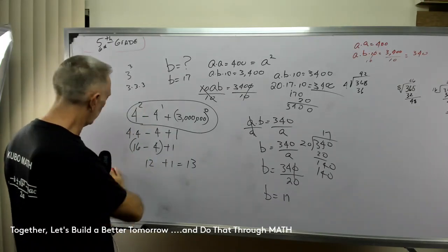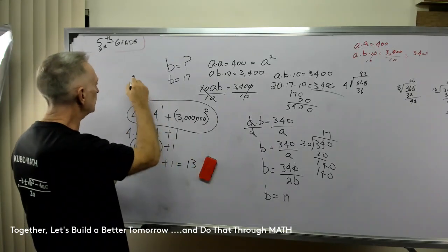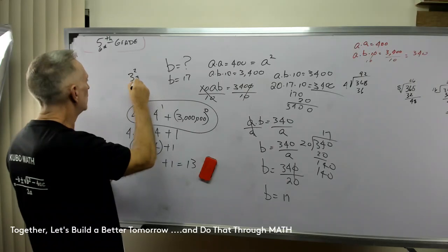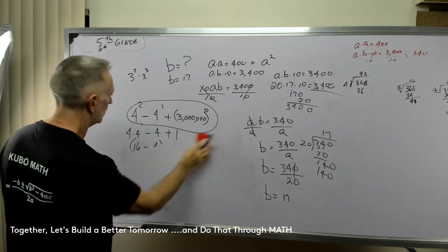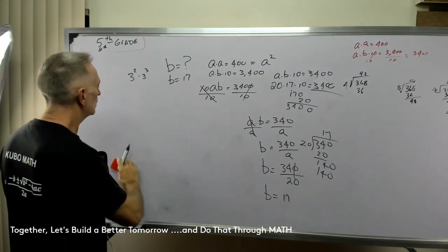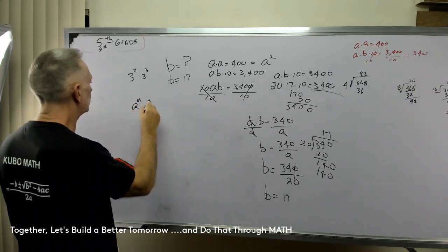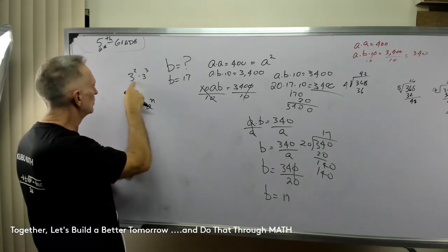Okay, let's review one more rule. What if I have 3 to the second power times 3 to the third power? What's the rule? Okay, the rule, I have a to the m times a to the n. Have the same number, just like this.